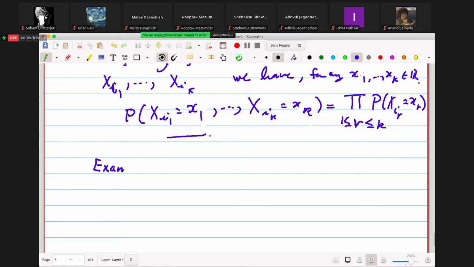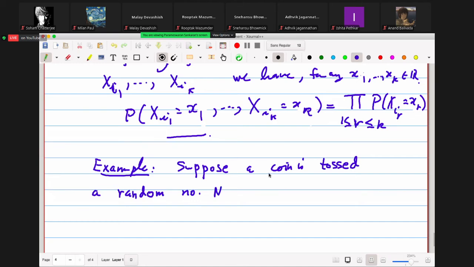So actually an example. Suppose that a coin is tossed a random number n times.